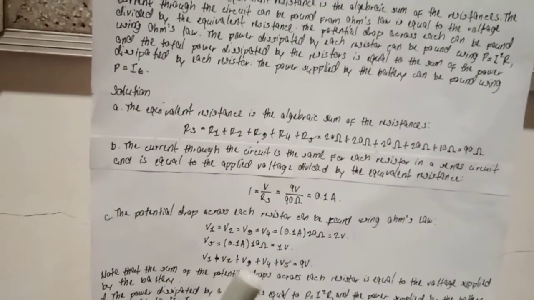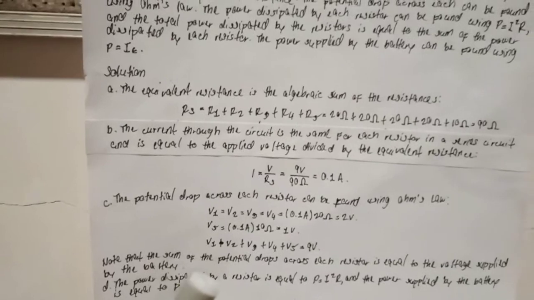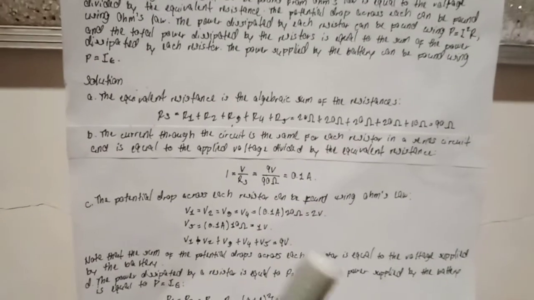V sub 1 plus V sub 2 plus V sub 3 plus V sub 4 plus V sub 5 is equal to 9 volts. Note that the sum of the potential drops across each resistor is equal to the voltage supplied by the battery.